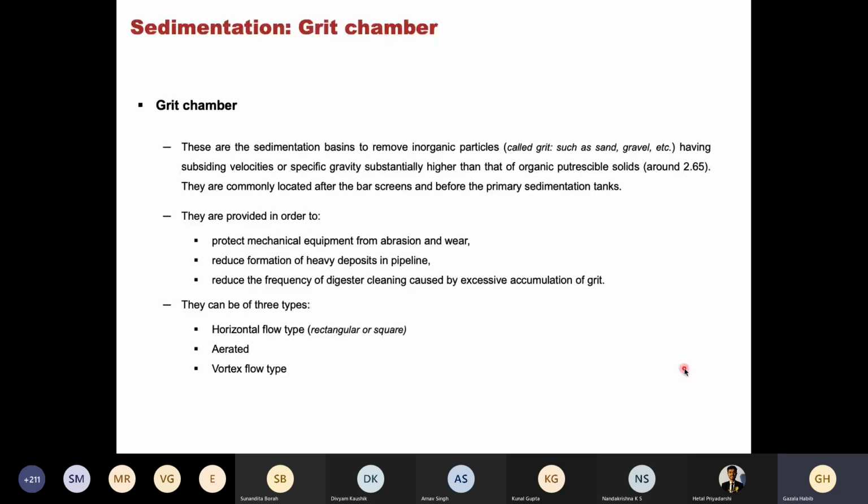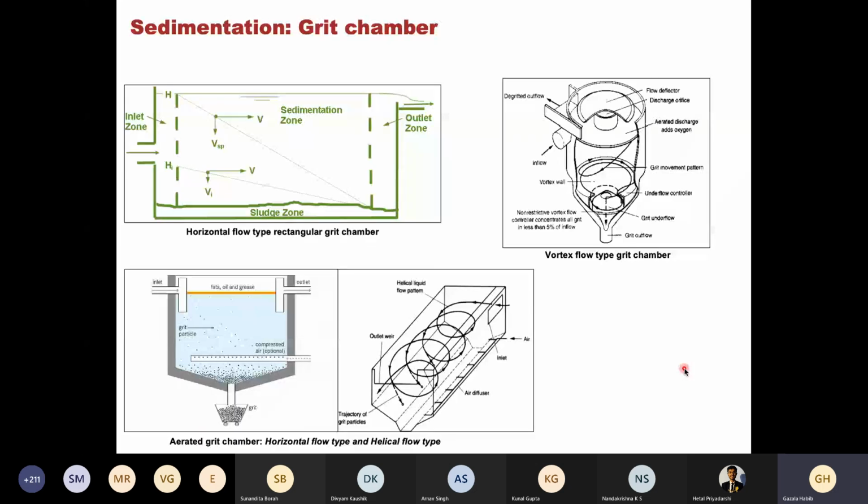Vortex flow type means that a vortex flow of water takes place in the upward direction, and the heavy grit particles will drop down. It will go down, and the small particles will remain in the water and come out. Then this small suspended particle can be removed in a settling tank, primary settling tank also.